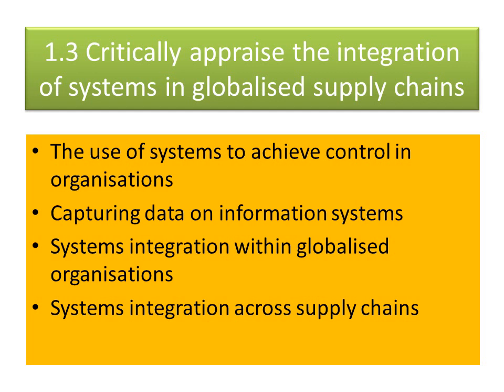We move now on to the final learning outcome 1.3, which is critically appraise the integration of systems in globalised supply chains. The unit content suggests the use of systems to achieve control, capturing data on information systems, systems integration within globalised organisations, and systems integration across supply chains.